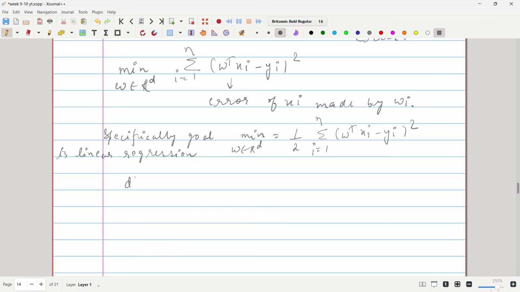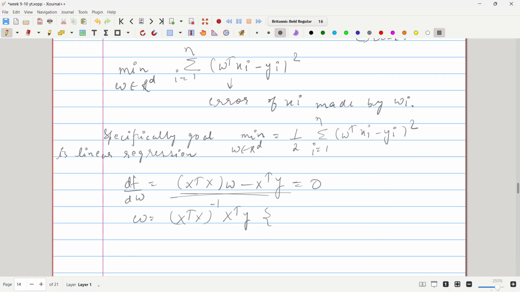Now if you do the derivative with respect to w, you will get x transpose x w minus x transpose y. Okay. This is the linear regression formula. And if it is equal to 0, then w can be represented as (x transpose x) inverse x transpose y.